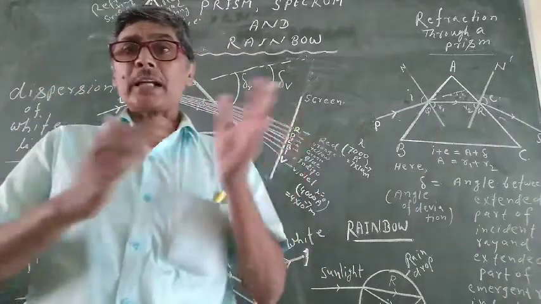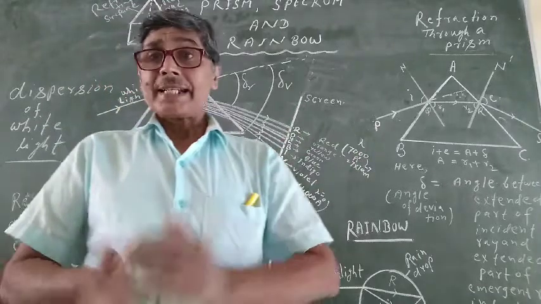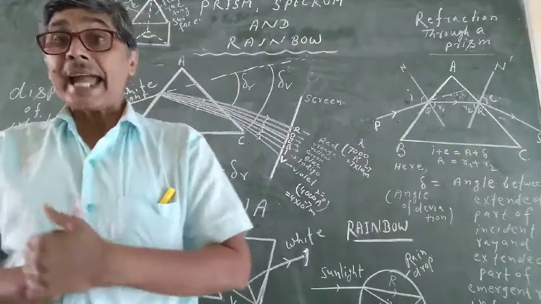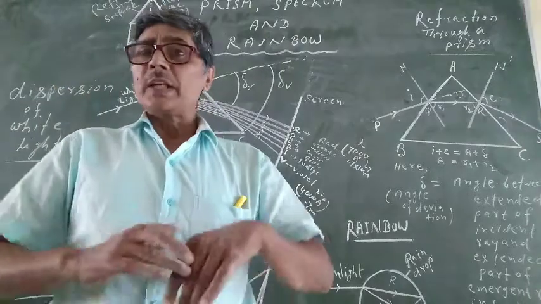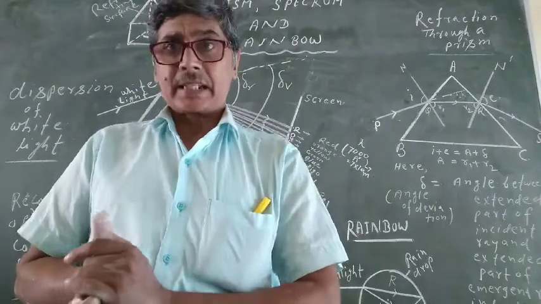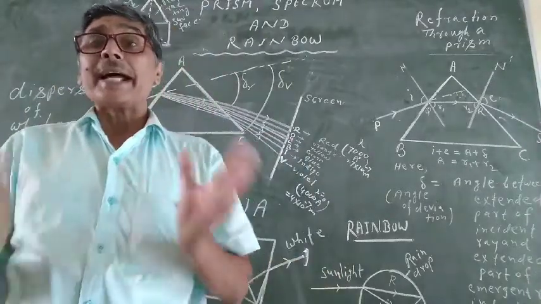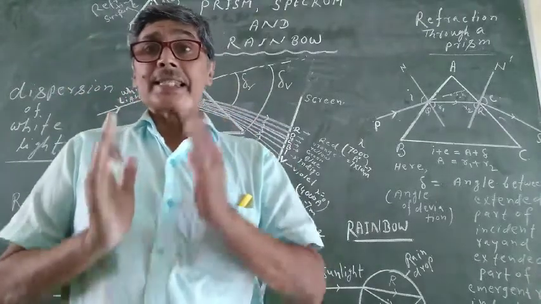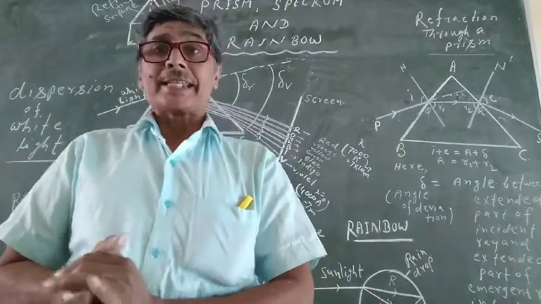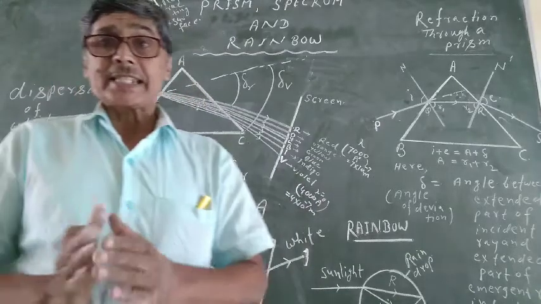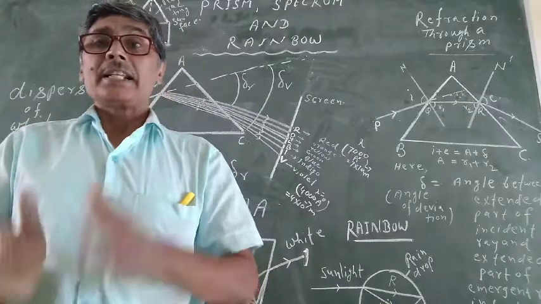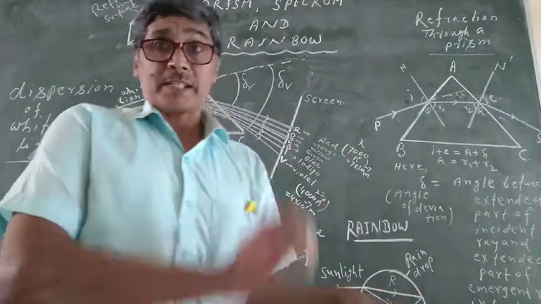So when white light passes through a prism, its constituent colors deviate at different angles due to the different refractive indices, and dispersion of light takes place.